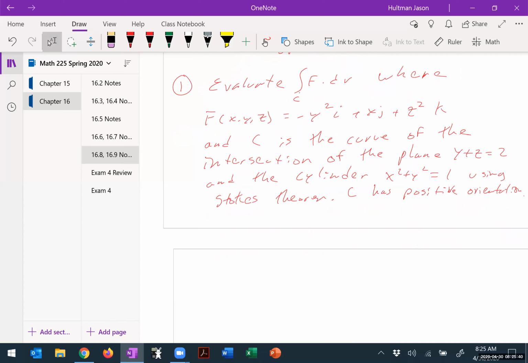This is a three-dimensional force field, and we're having to do a line integral on that.